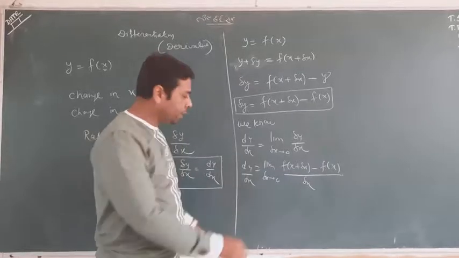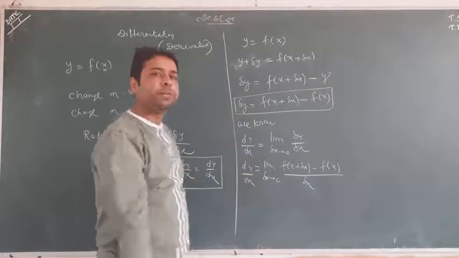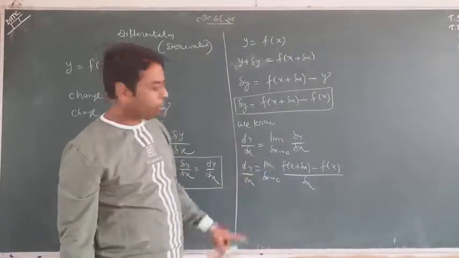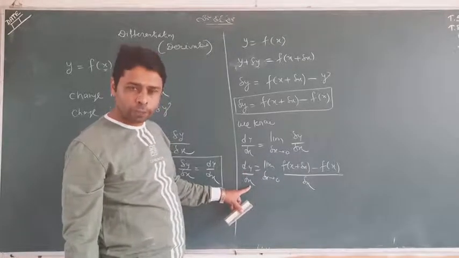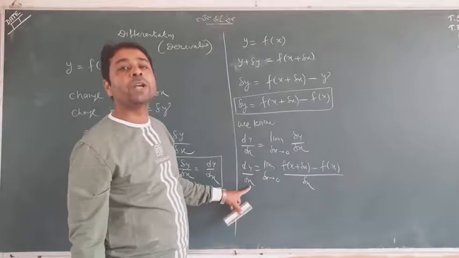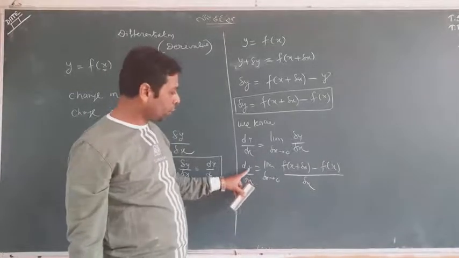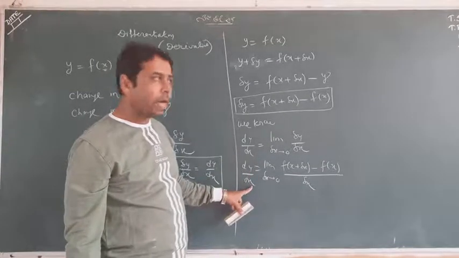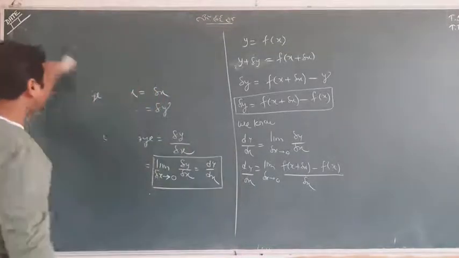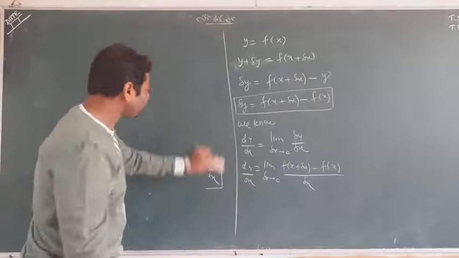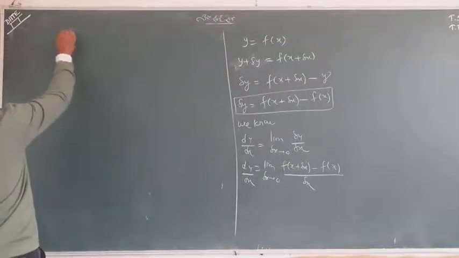Let me say something. This is not a division. Some students think dy is divided by dx. I'm sorry, but that is not the meaning of this particular symbol of the derivative. It is actually differentiation of y with respect to x. For a bit of convenience, please write all these things in your copy.